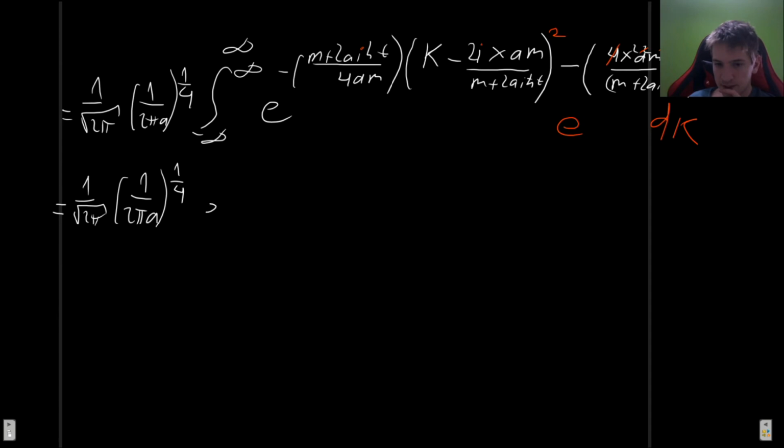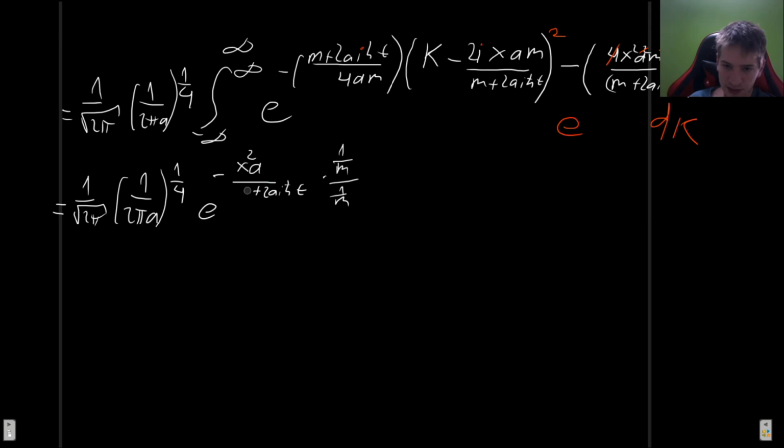So we get e to the minus x squared am divided by m plus 2ai h bar t. But as you can see, this whole thing, m plus 2ai h bar t, comes up quite often in our integrals. So let us now multiply this by 1 over m divided by 1 over m, with the objective of writing it like this.